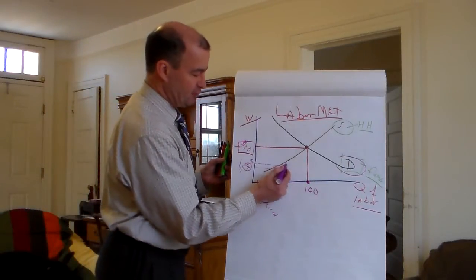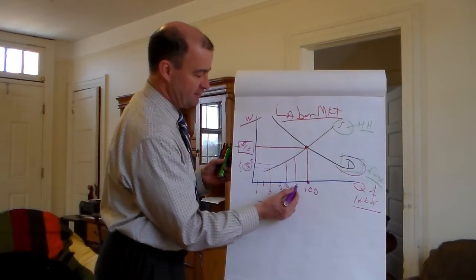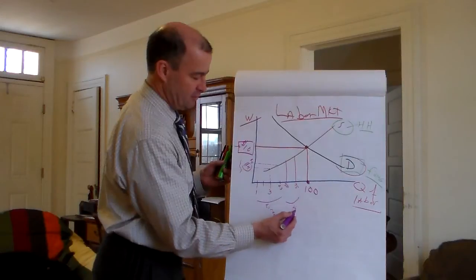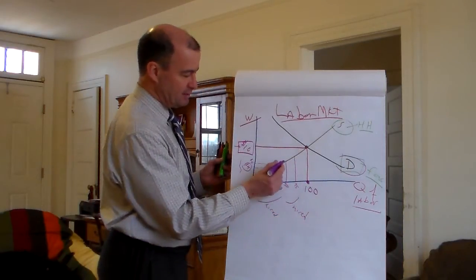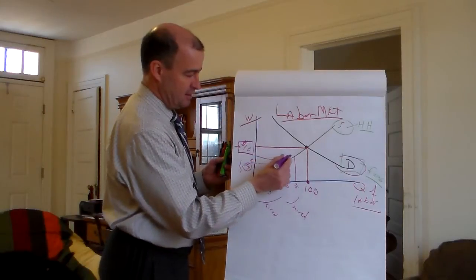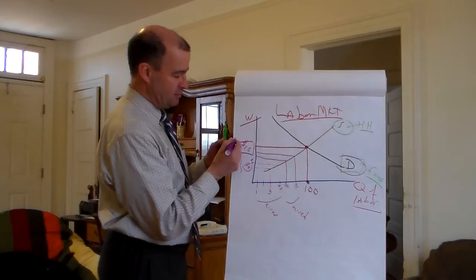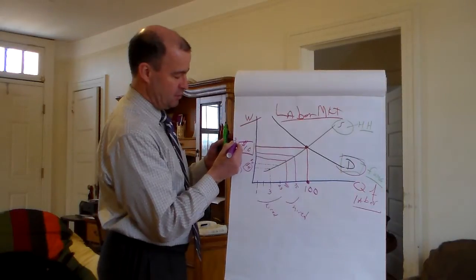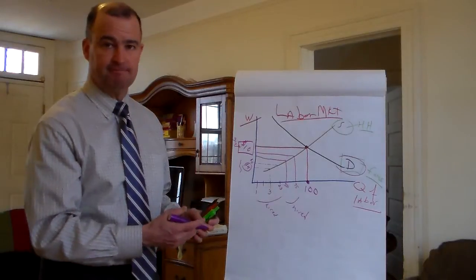The same is true for Mr. 50. The same is true for Mr. 75. All these people are hired because they're willing to take wages either at or below the going wage. There it is, the going rate in this market.